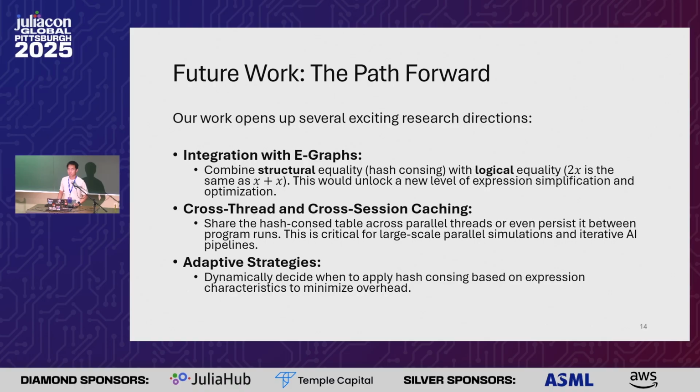When we first rolled out the hash consing system, we were like, oh yeah, we're so good, we're so fast. And the first things that were found were multi-threading bugs. We worked through them. I think Ayush worked through a lot of these with Oscar. So at this point, I think we have the right locking and everything in place, so it is multi-threading safe. But it is definitely a question that you have to ask about this.